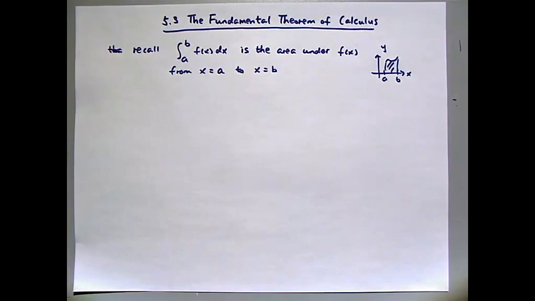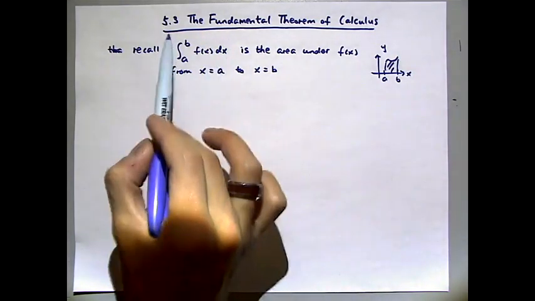That little segment, that region there, is the area that would be given by this quantity right here.